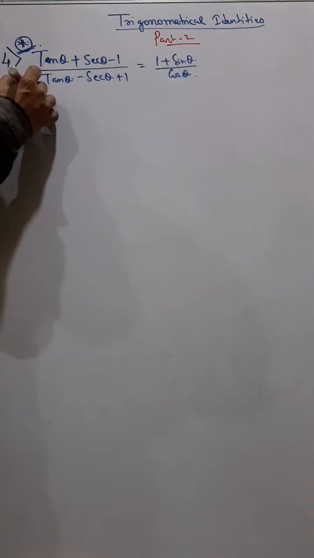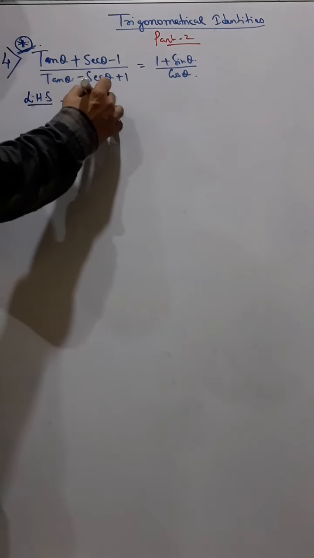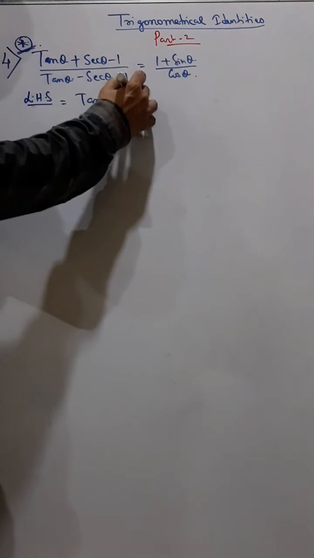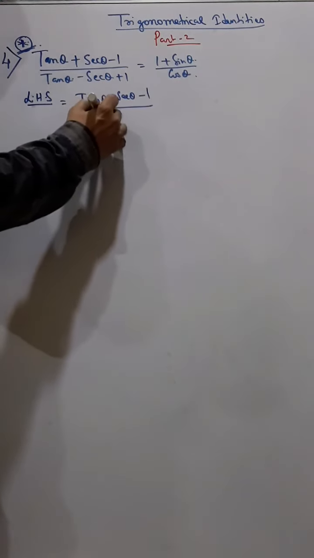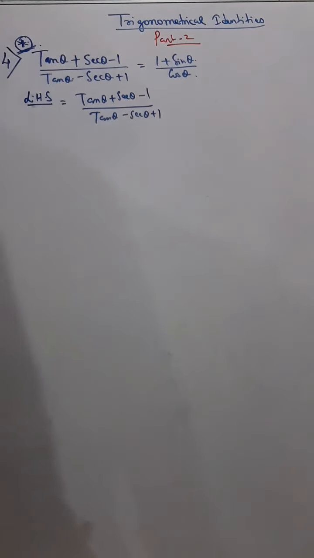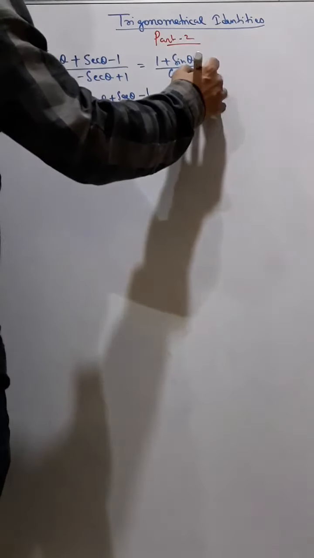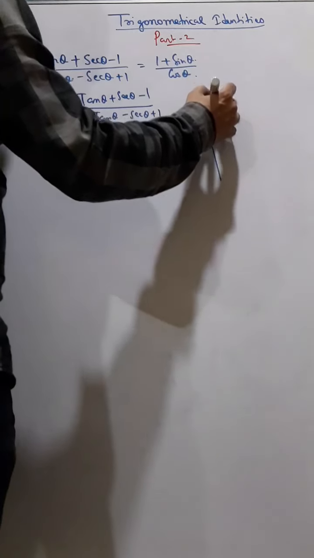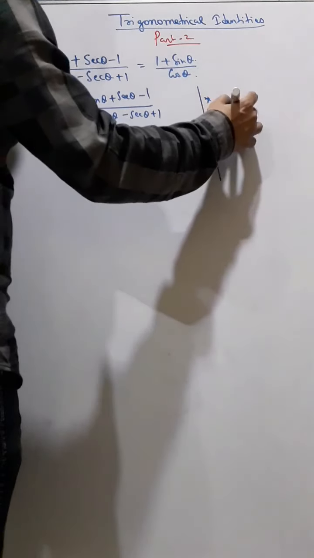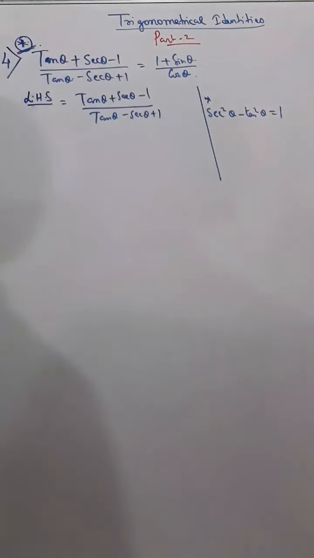So remember, now first we'll write the left hand side. Now you know sec square theta minus tan square theta is equal to 1, right? So sec square theta minus tan square theta equals 1.